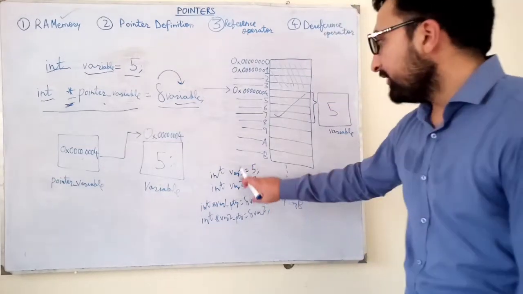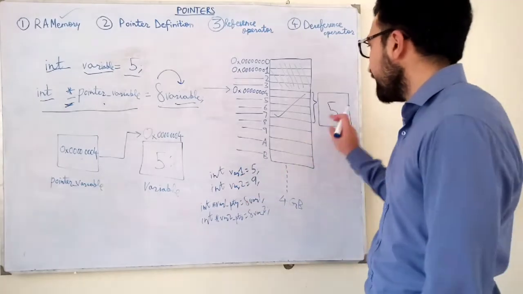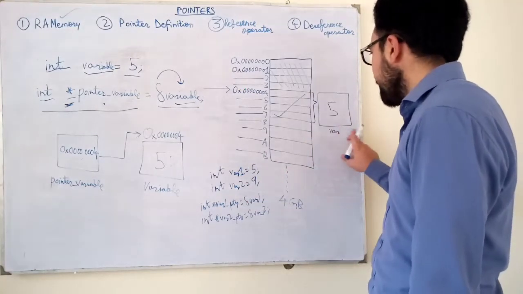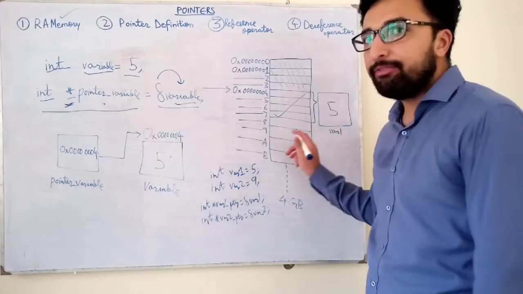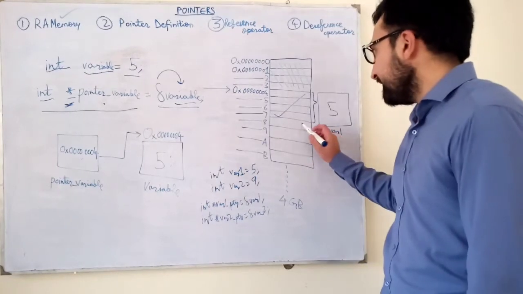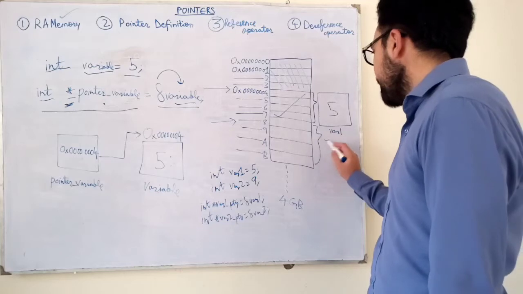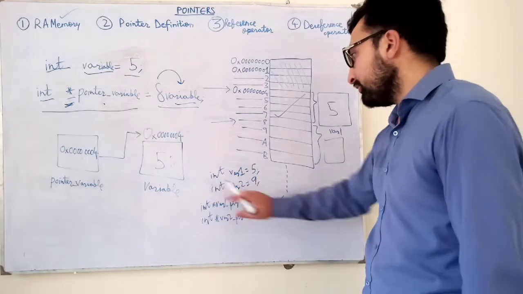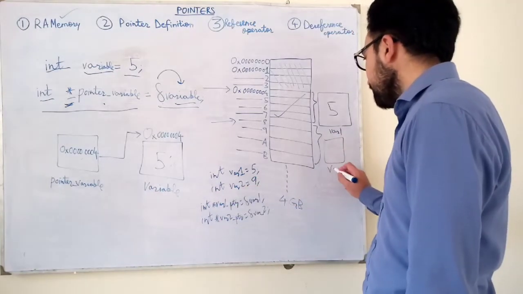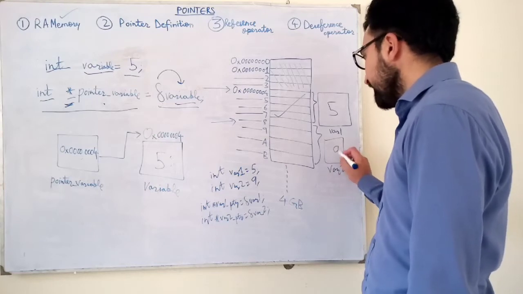So basically we have two variables in memory. var1 is stored here with the value 5, and immediately after that is stored a variable of 4 bytes, because it is also of type integer, named var2, holding the value 9.